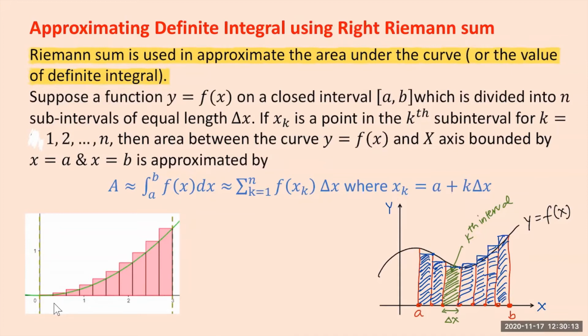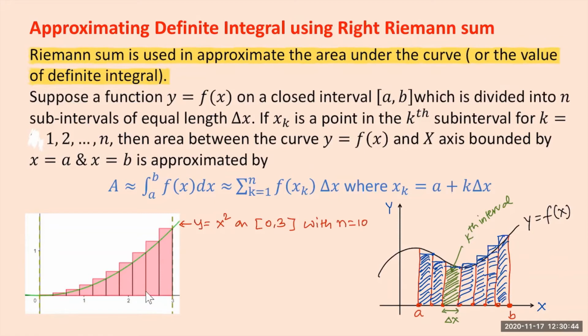For the function which I have illustrated here, our function is y equal to x squared on the interval from 0 through 3, with n equal to 10. If you want to count, you have 1, 2, 3, 4, 5, 6, 7, 8, 9, and here is a very short rectangle, 10.